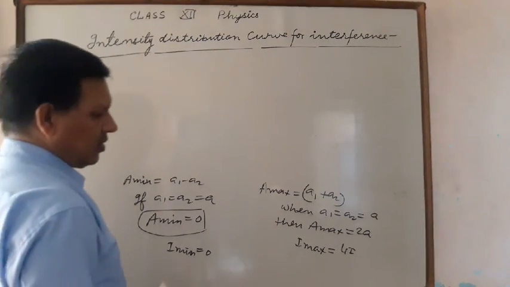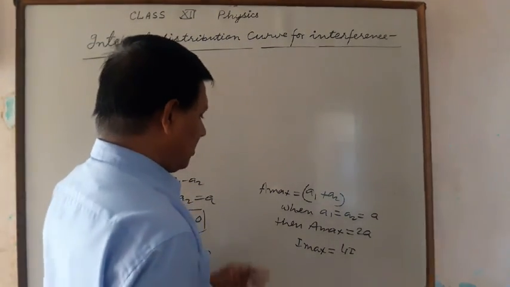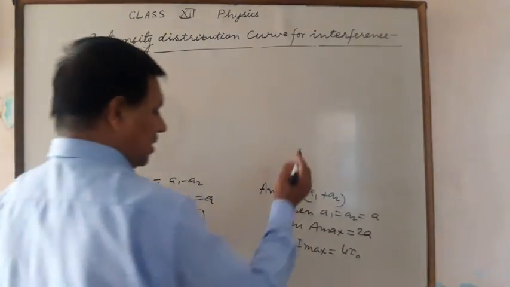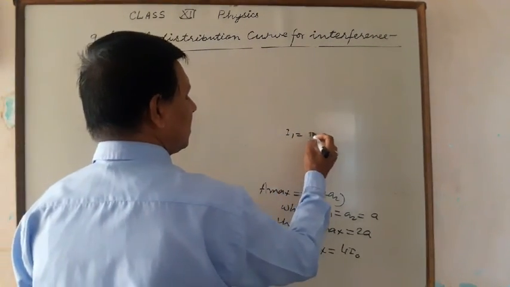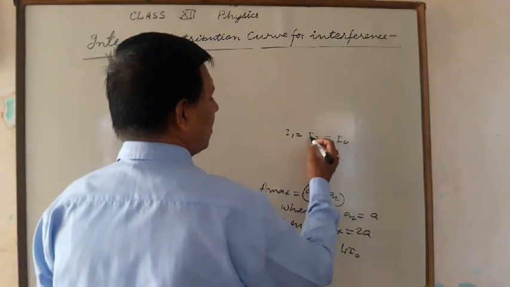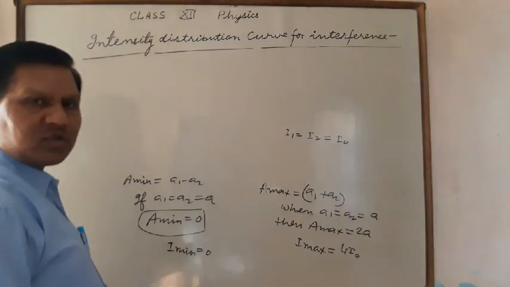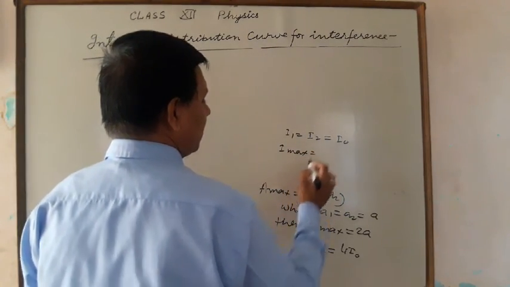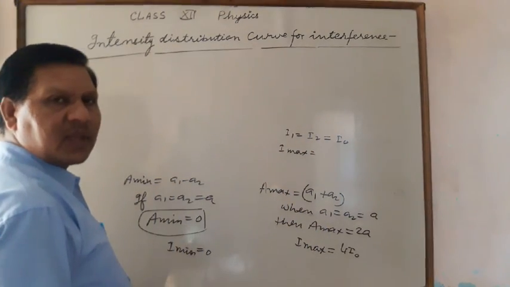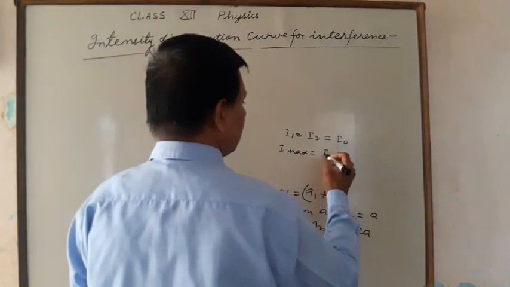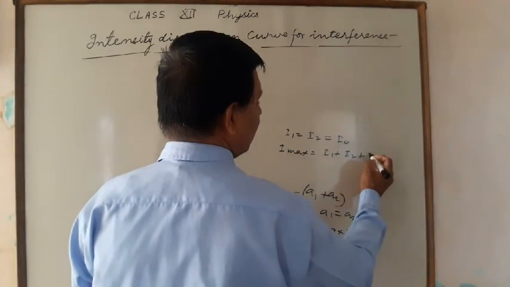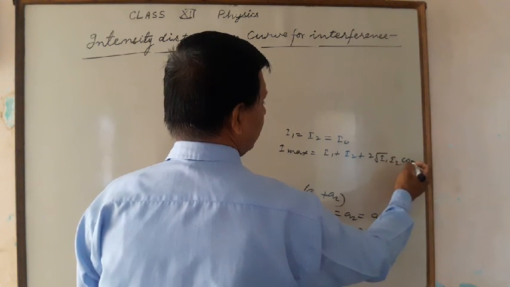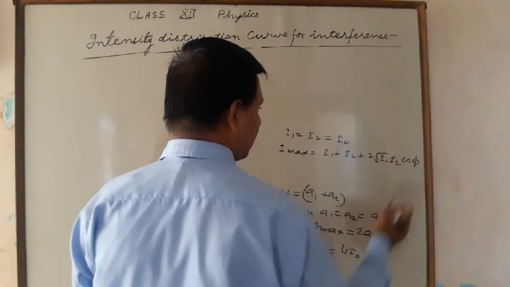Because when amplitude of the waves become same, then we can say that intensity of the waves are also the same. So intensity of the resultant wave becomes I1 plus I2 plus 2 under root I1 I2 cos phi.